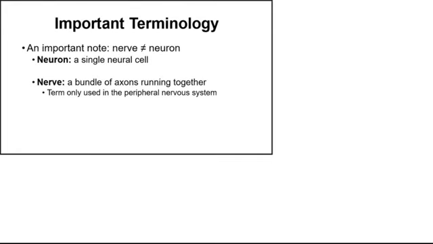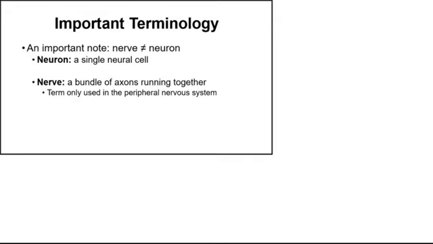Before we get into it, I want to point out a couple of terms that tend to get confused. And this is one of those things where psychology, and I suppose this comes from biology, have very arbitrary naming systems, we can say. So you will call the exact same thing by a different name depending on its location.